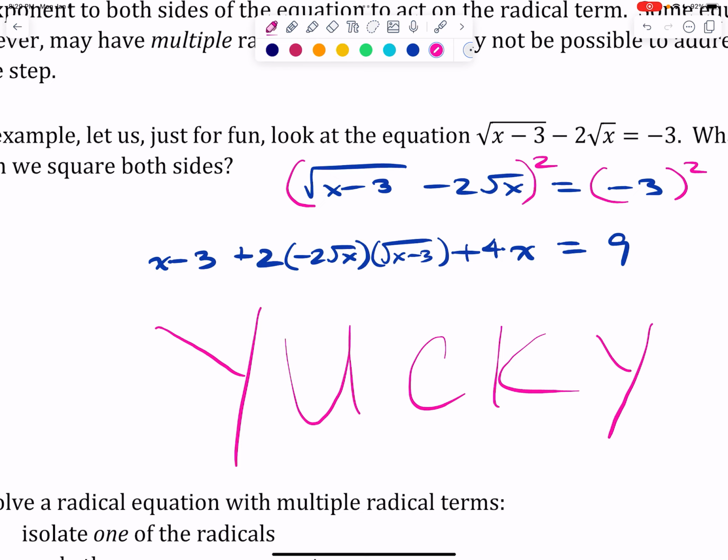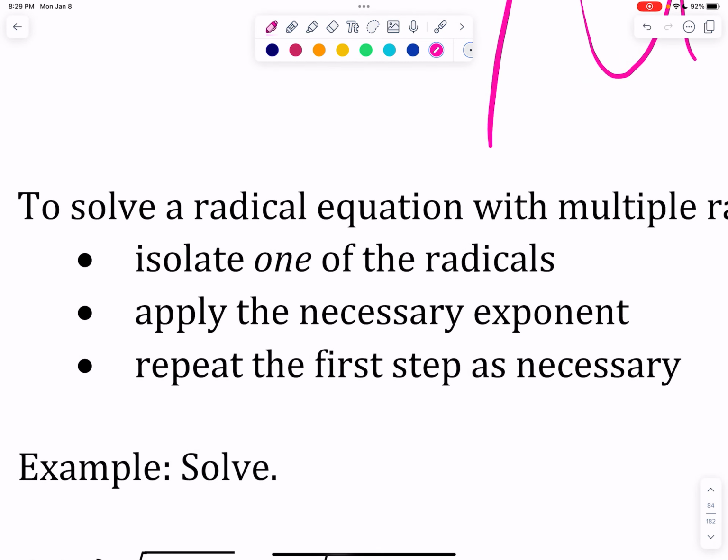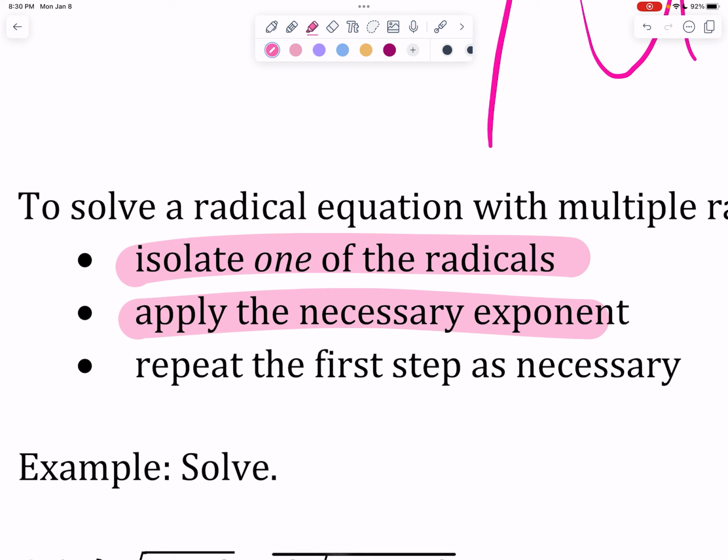So the recommended path to follow is this. If we have a radical equation where there are multiple radical terms, we're dealing with not just one square root, but 2 of them. First task is isolate and square one of the radicals, assuming we're dealing with a square root. So isolate, apply the necessary exponent. We get one on its own, square both sides since we're dealing with square roots.